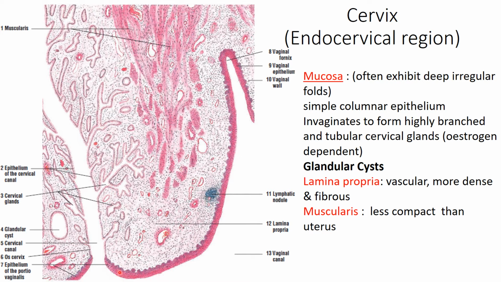So this portion is the exocervix, and this portion is the junctional portion, also known as the portio vaginalis.